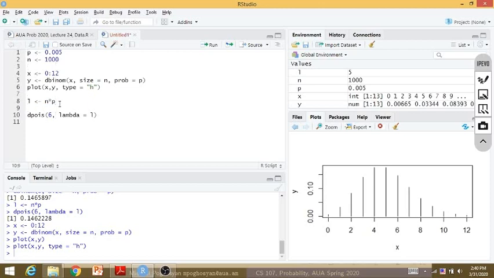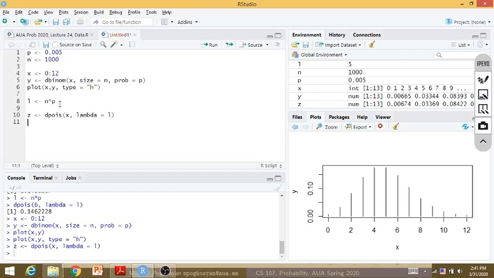Okay, so I need to do the following. I'm calculating the values of the Poisson PMF at the same points, 0, 1, 2, up to 12. I'm keeping this in, say, z, another vector. So this is z, and I want to add that, x and z, over the same graph.